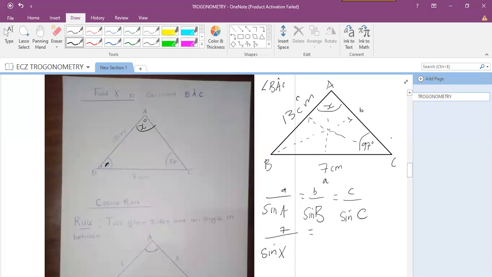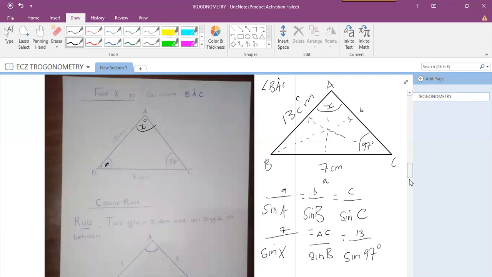Small letter b is this side here, which is AC. There's nothing there, but we'll just include it. AC over sine B. We haven't been given anything there also. What is small letter c? 13 centimeters over what is capital letter C? 97 over sine 97 degrees.